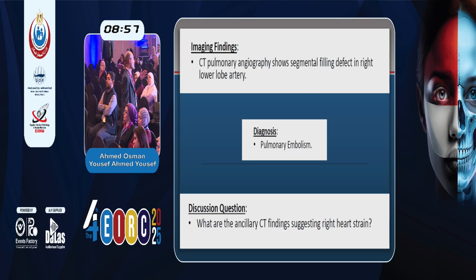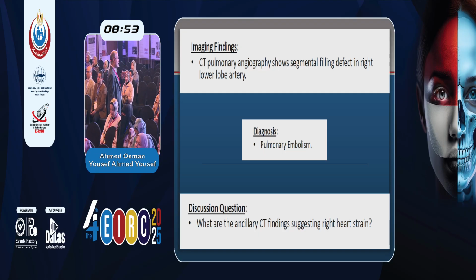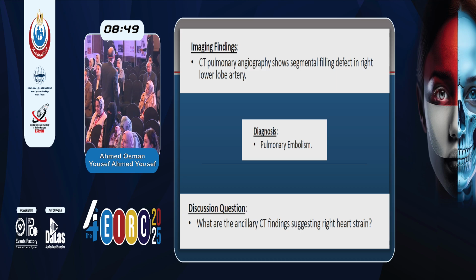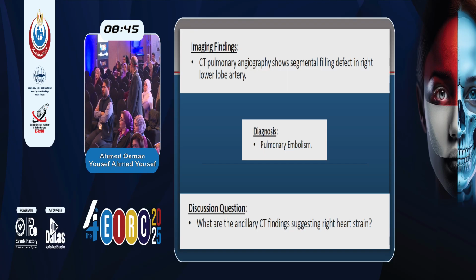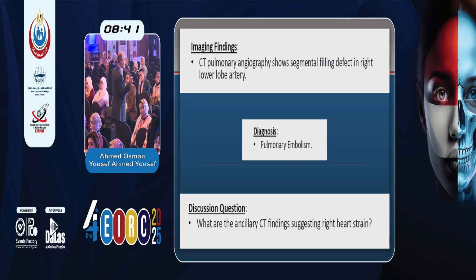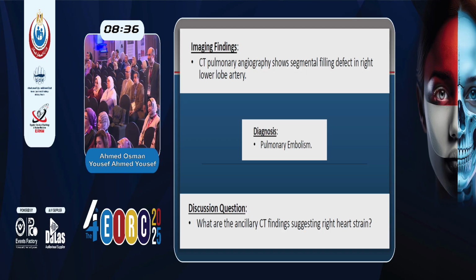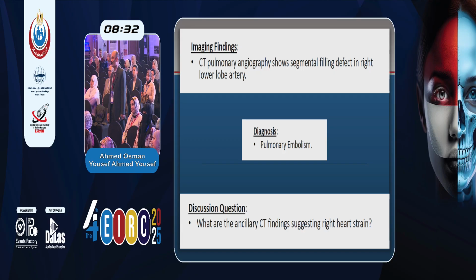When you're facing a case of pulmonary embolism, you should say in your report whether there is right ventricular strain or not. What are the signs suggesting right heart strain? You should write this in the report. This is a recommendation of the last ECR this year.